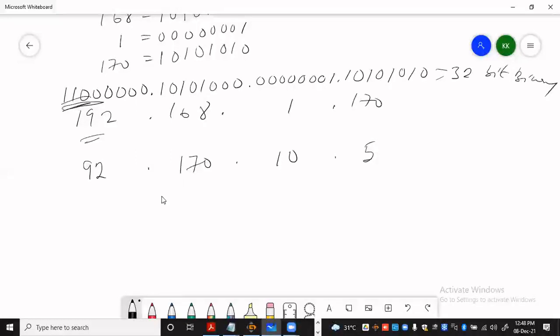The best way to do that is by changing this to binary so you can get the first 4 bits.